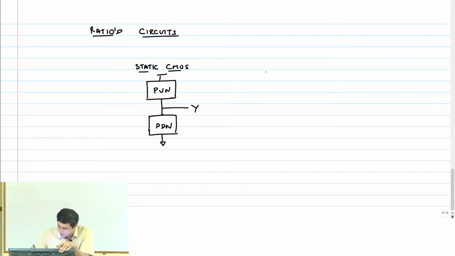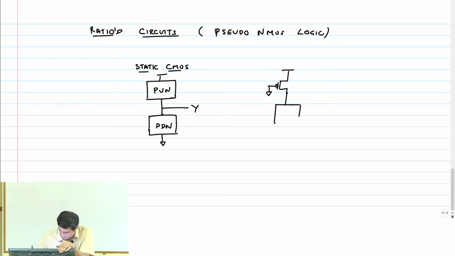The idea in a ratioed circuit, also called pseudo NMOS logic, is like this. Pull down network.